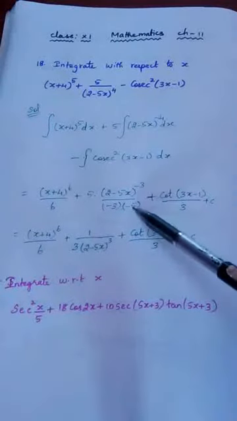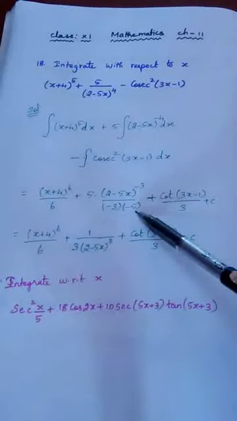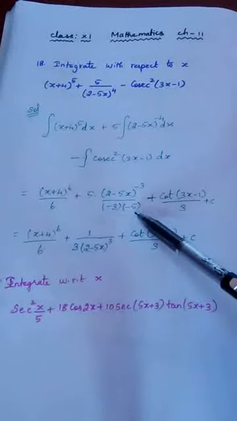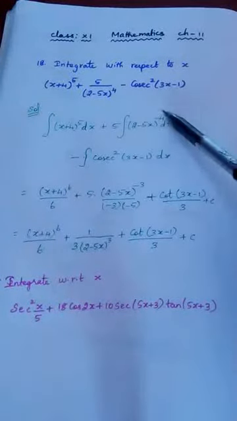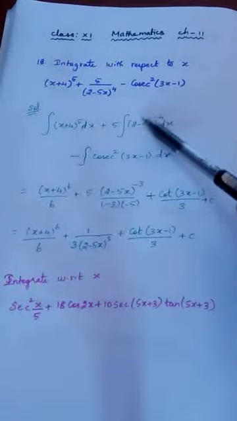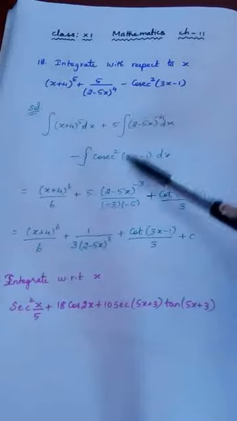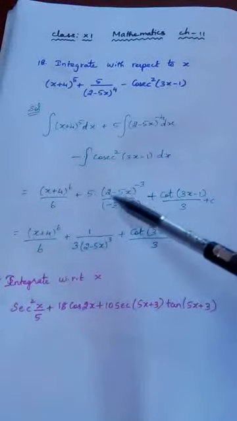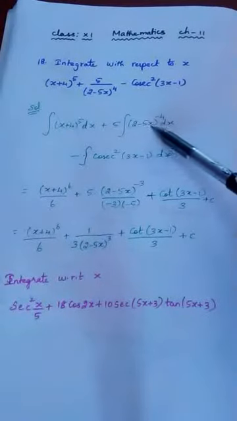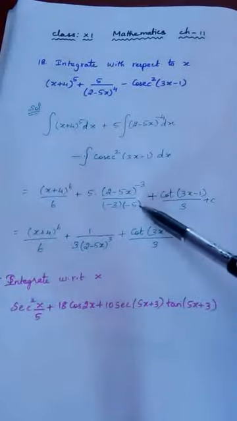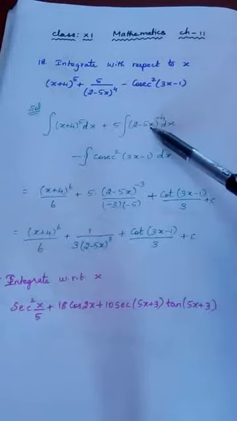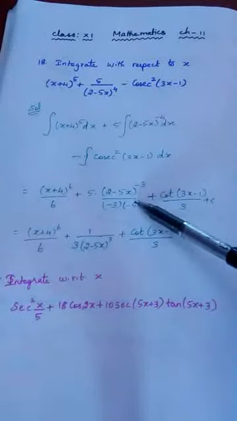So that −5 should be written in the denominator. Yes or no? This is the procedure that we have to follow. When we use the x power n formula, in place of x we are having 2 − 5x. So use the formula, that is x^(n+1)/(n+1). Then differentiate this once again and write that answer in the denominator. So with that concept I have written the answer like this.